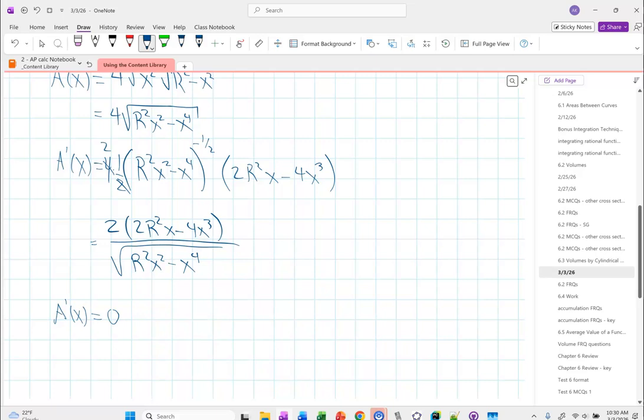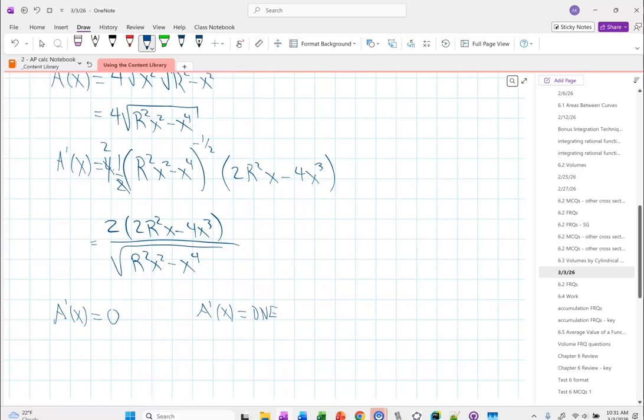Now I'm going to set this equal to 0 and undefined. I'm doing my first derivative test here, or second derivative test, but I'm finding critical points anyways. So where's this going to be undefined? Well, it's going to be undefined anywhere where the denominator is negative or where it's 0, right?